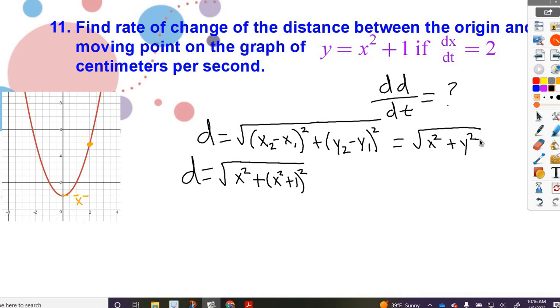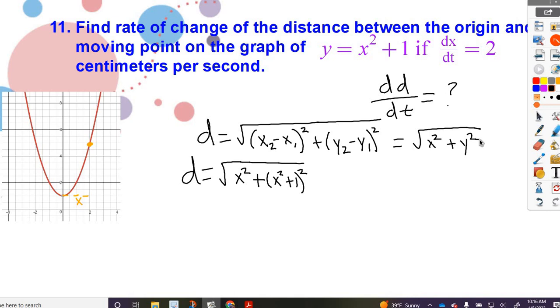So I just end up with x squared. It's the distance from the origin. But again, if you're going along the curve, your change in that is always just going to be x and y. That's just what it is.